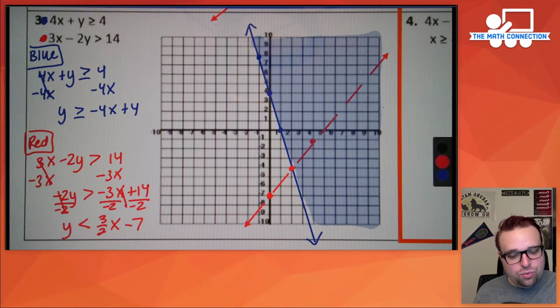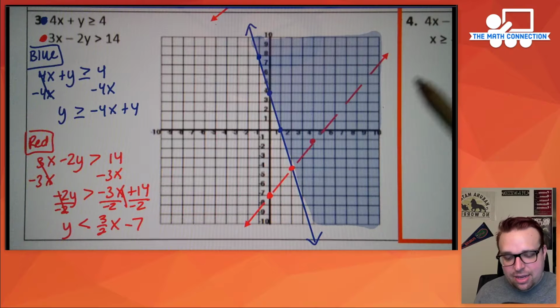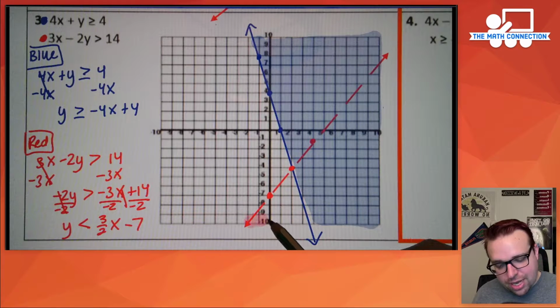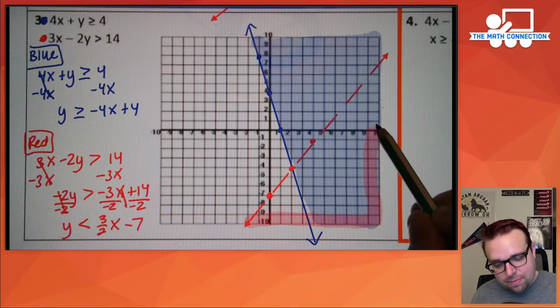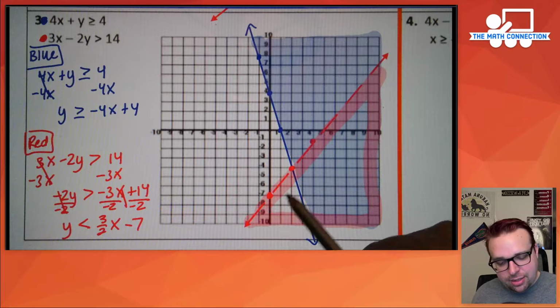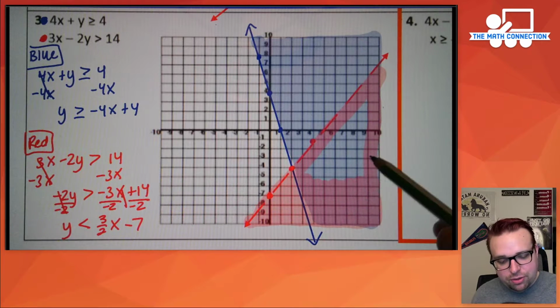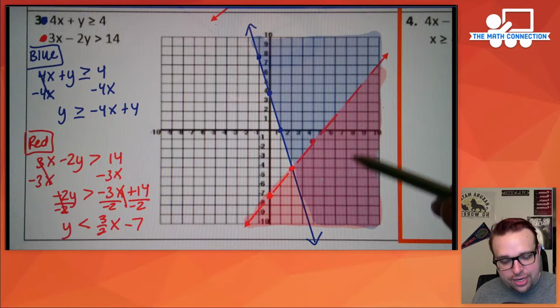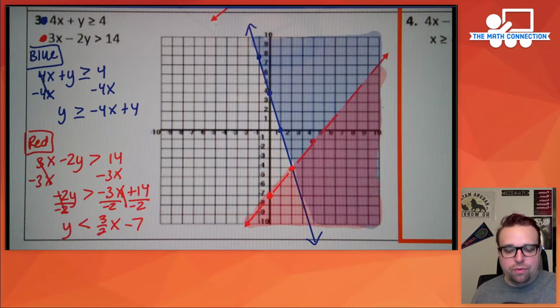Okay, and then we need to use red for the other line. This is less than, so it's going to be under the red line, okay? Under the red line. Careful when you're doing your little intersections there. Make sure that you're shading completely under the correct lines.